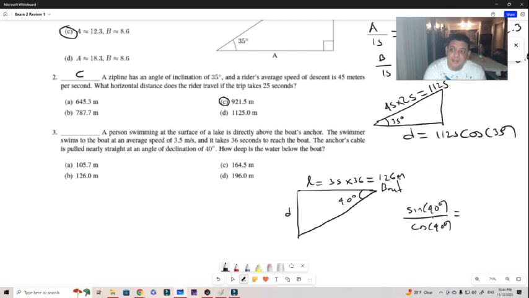At this point, it doesn't matter to use tangent anymore. You can use it. So d over 126 is equal to the tangent of 40. And so we're going to have that d is 126 times tangent of 40, which is going to be around 105.7. And so that will be answer A.